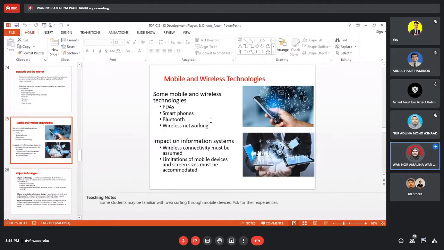So with the advancement, how does that impact IS? We say that wireless connectivity must be assumed. For example, nowadays wherever we go, a friend's house or a relative's house and so on, the new norm is that you ask for the Wi-Fi password.